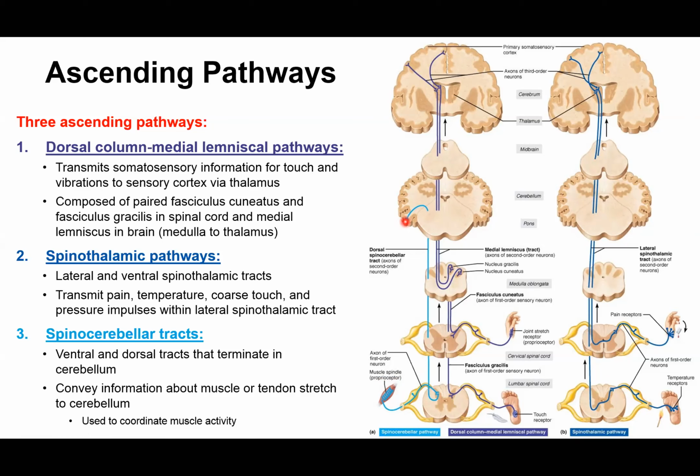And if you notice here, there is no crossing over occurring. There's no decussation in the spinocerebellar tract. And also, there are no third order neurons in this spinocerebellar tract. Okay, so that's something to note as well.